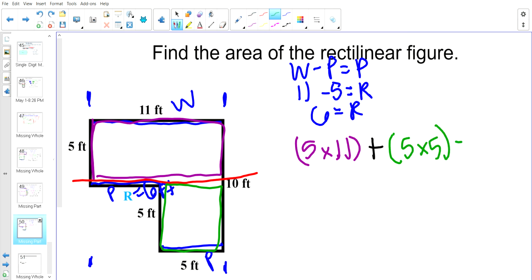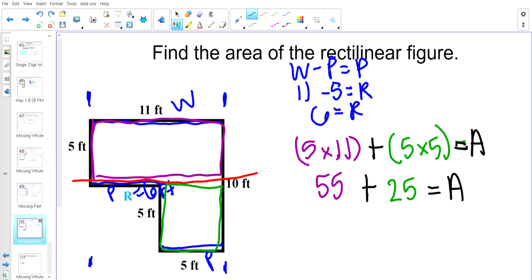You'll add those together to find the total area of the entire rectilinear figure. Rectangle 1, the 5 by 11 rectangle, has an area of 55 square units. Rectangle 2, the 5 by 5 rectangle, has an area of 25 square units. You'll add those together to equal the total area of the entire shape.